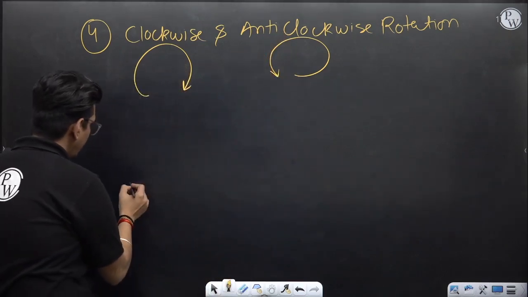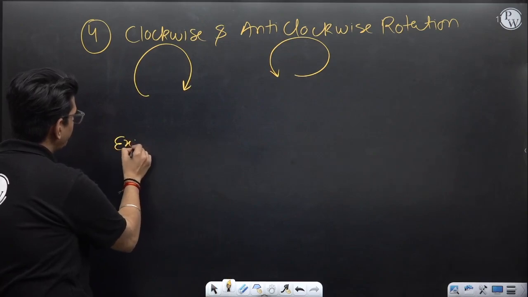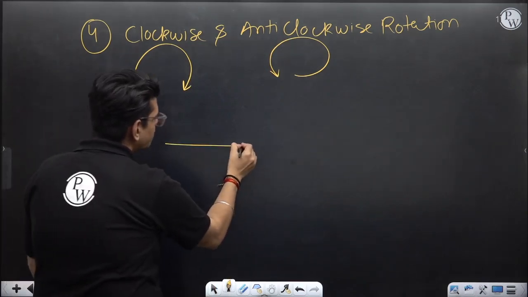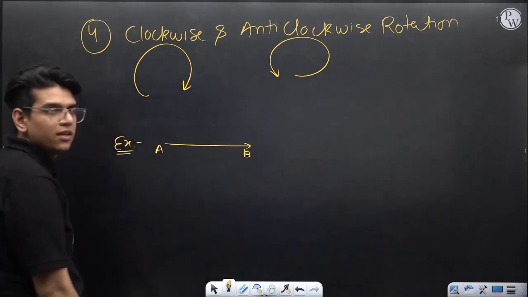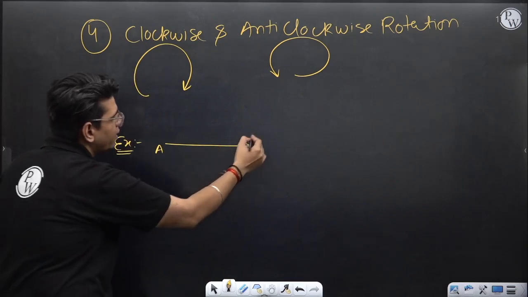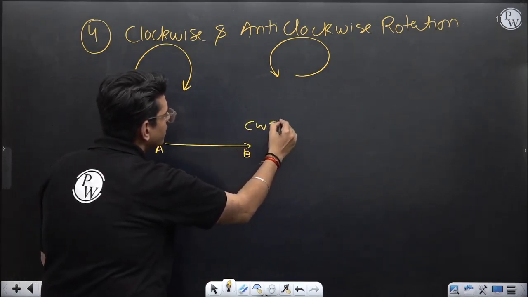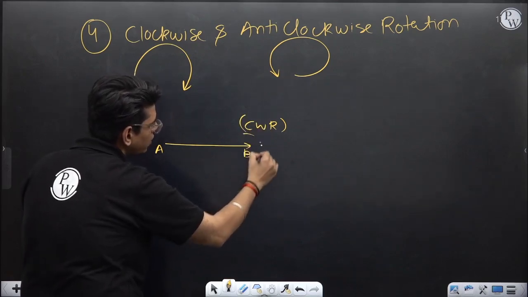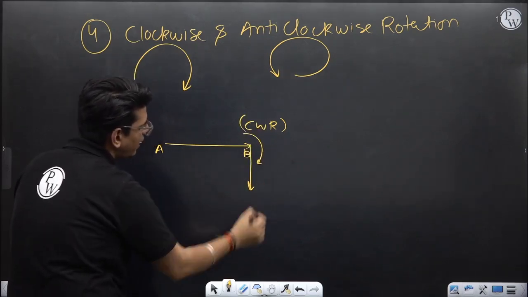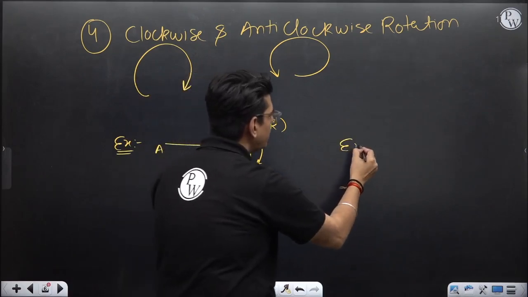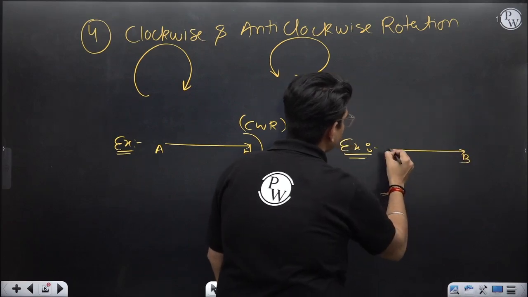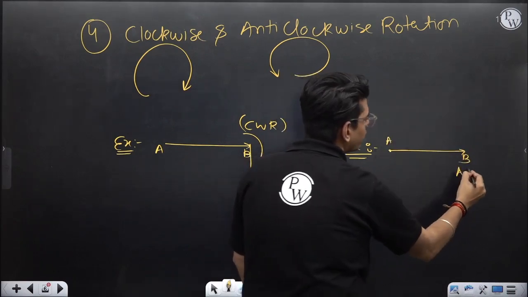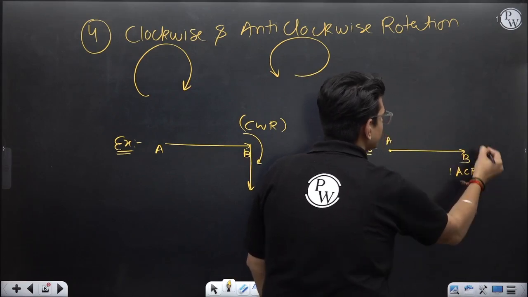So, for example, from this position A to B, someone takes clockwise rotation at point B, right? So he will go like this towards his right. For another example, if at point B, someone takes anti-clockwise rotation, that means like this.